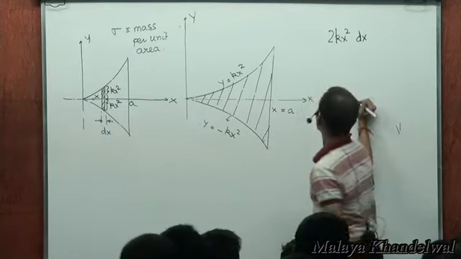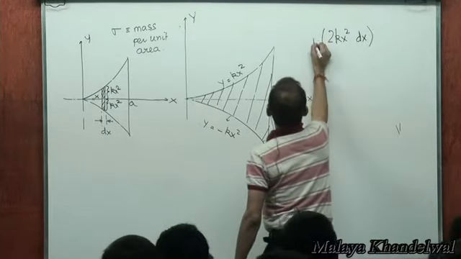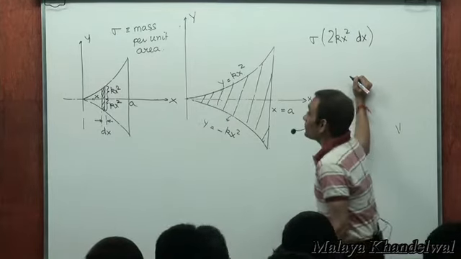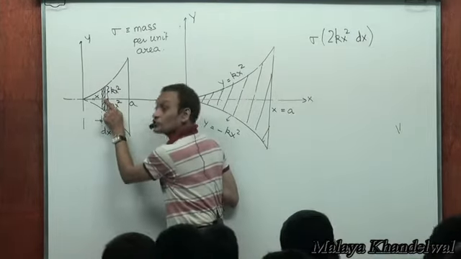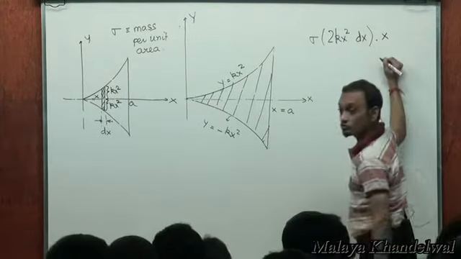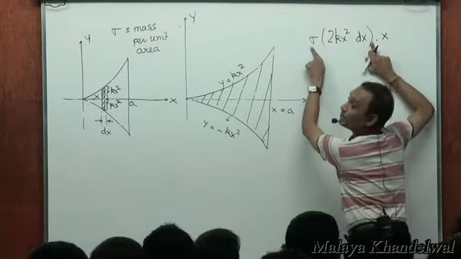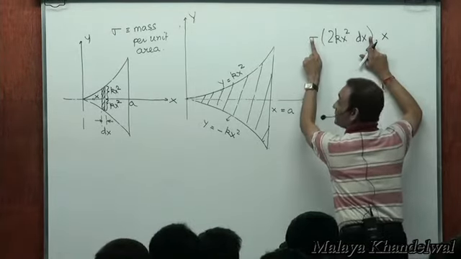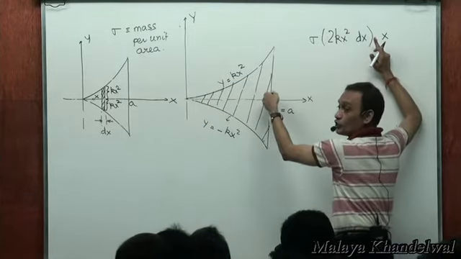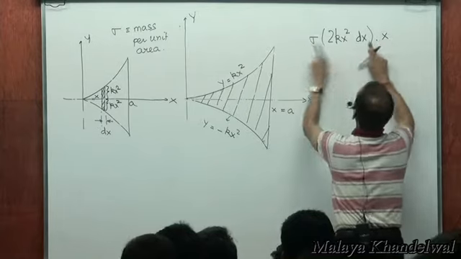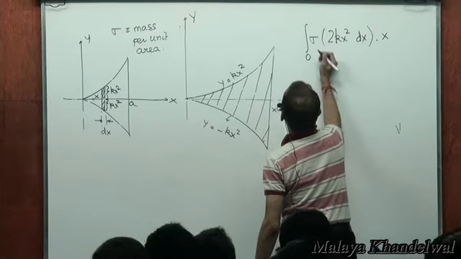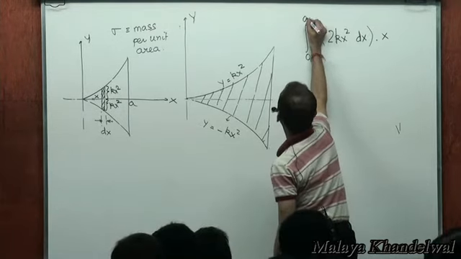Yes or no? Into sigma will give me the mass of the shaded strip. The x coordinate of its center of mass is x only, where the strip is located, into x. So this is x into dm. I'll do x into dm for all x's starting from x equal to 0 to x equal to a.